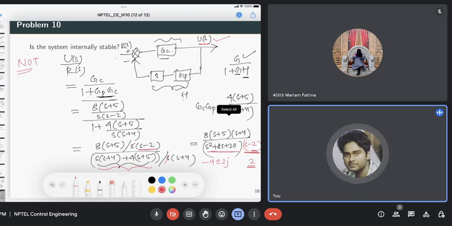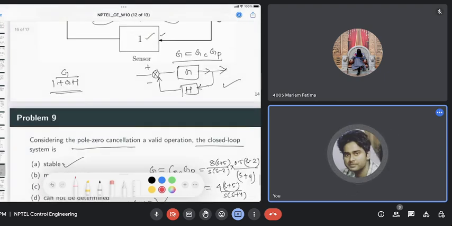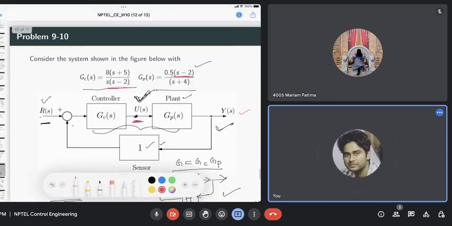So there is some issue, and for that we cannot cancel a right half plane zero with a right half plane pole by placing it exactly at that point, or vice versa. Even if this exact cancellation occurs and the overall system is stable, the internal system will be unstable.